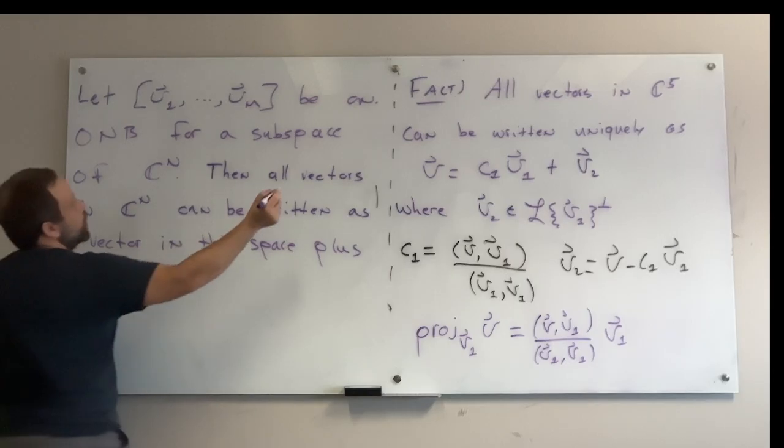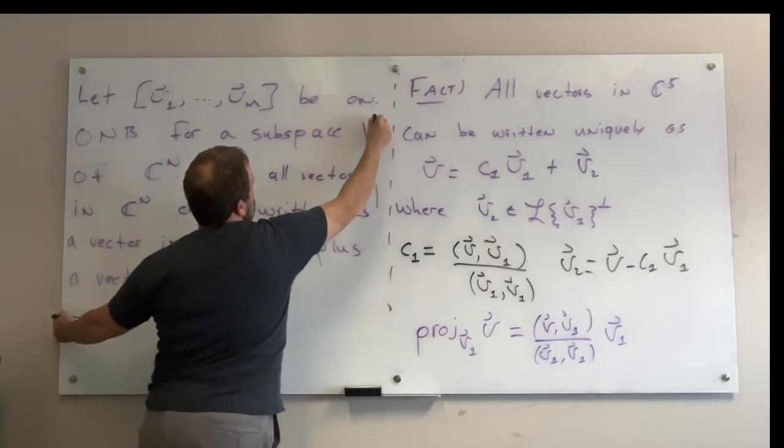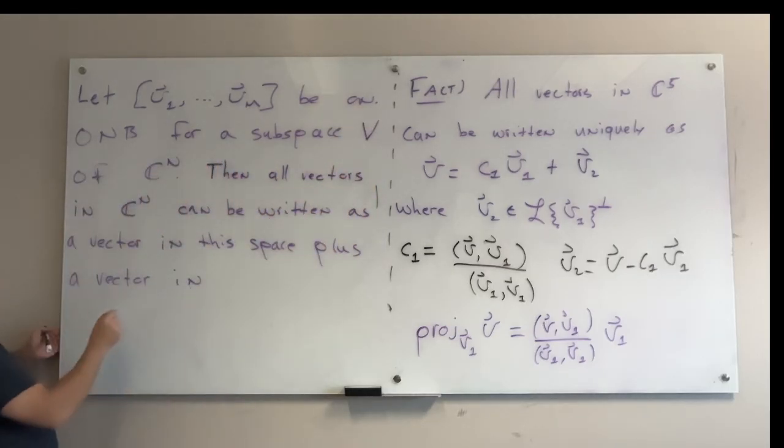So let's say the subspace, we're going to call this the subspace V. So a vector in its orthogonal complement, which is V perp.